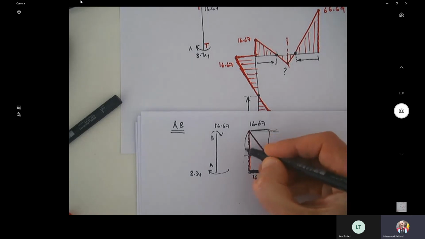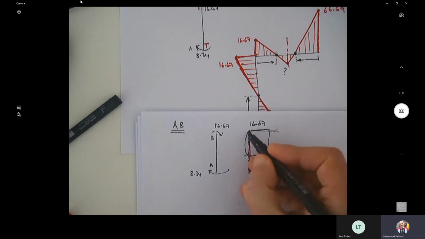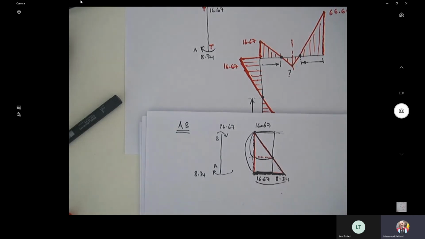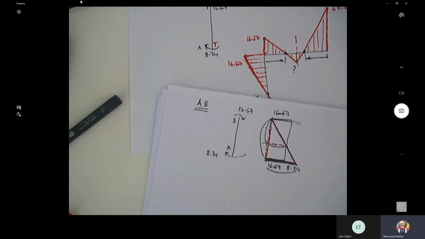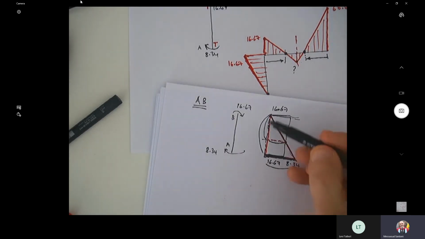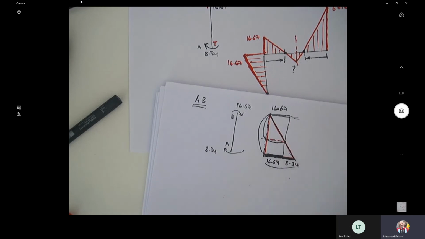Make sense? This is the law of similar triangles. When you have triangles, one large and one smaller, they are similar because the lines are parallel. Therefore, this divided by this side is equal to this side divided by this.